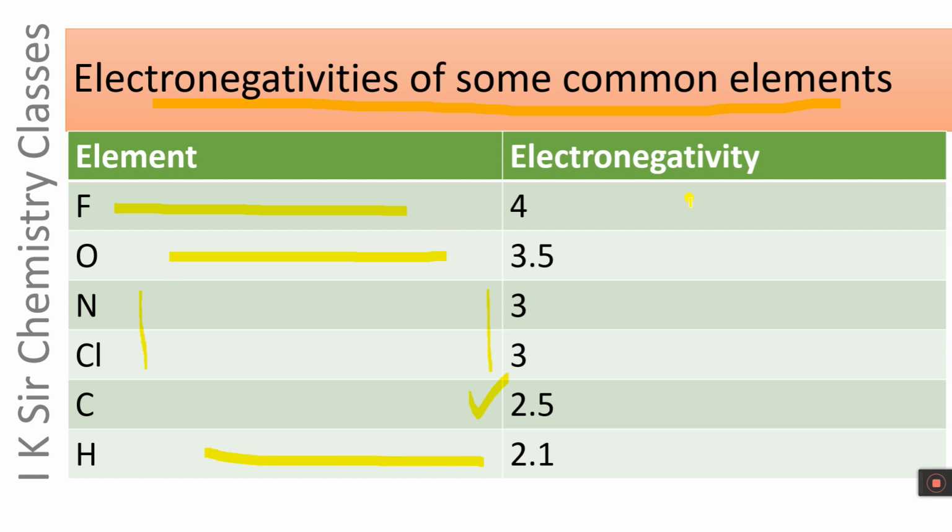Thus, these elements have been arranged in the decreasing order of their electronegativity. It is obvious from the above table that fluorine is the most electronegative element, having electronegativity 4, followed by oxygen whose electronegativity is 3.5.